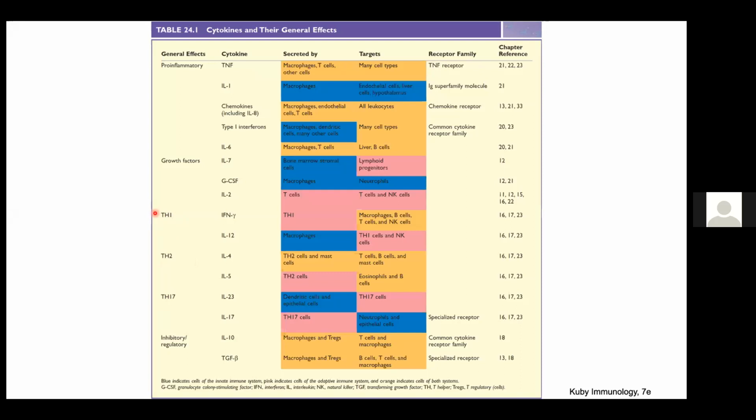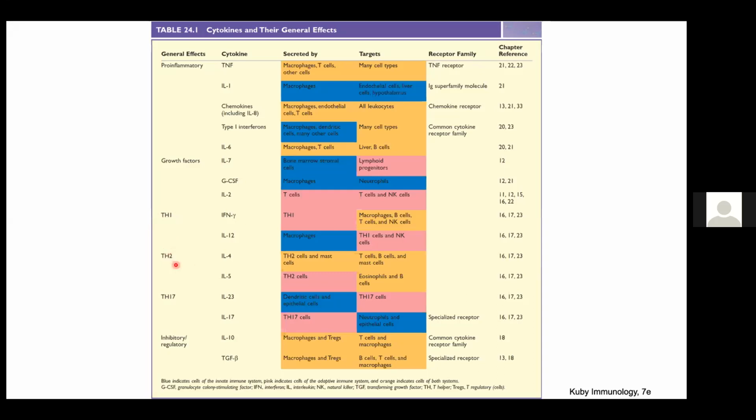So for example, for the CD4 positive cells, which are the T helper cells, there are certain cytokines which will cause them to differentiate either into a T helper 1 phenotype, a T helper 2 phenotype, or a T helper 17 phenotype. So the T helper 1 cytokines are interferon gamma and interleukin 12, and these ones are important in an immune response against intracellular pathogens, okay? Usually it would be a cellular immune response.